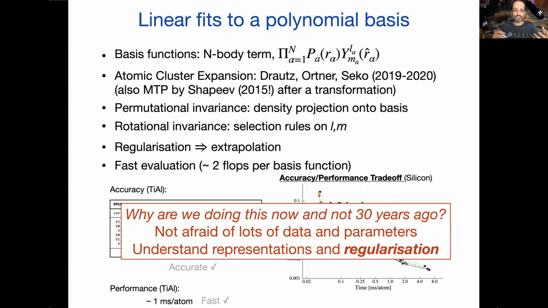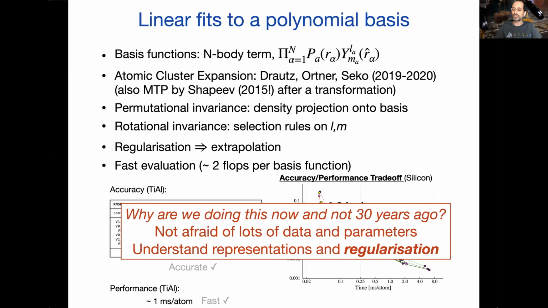But the really interesting question is, why are we just now doing this? People knew what YLMs are. This sort of mathematics here is very old. And I think the reason is that we've learned not to be afraid of lots of data.